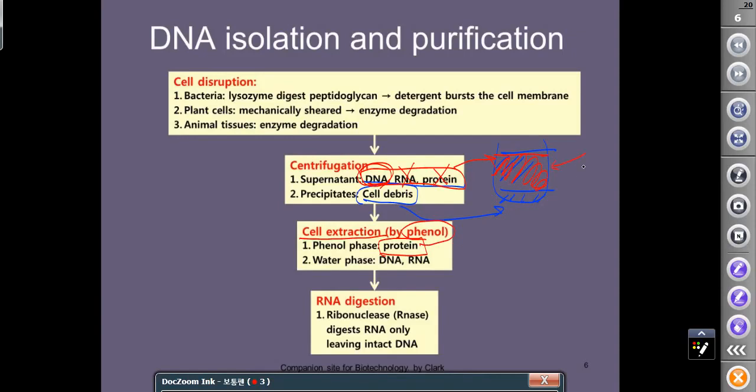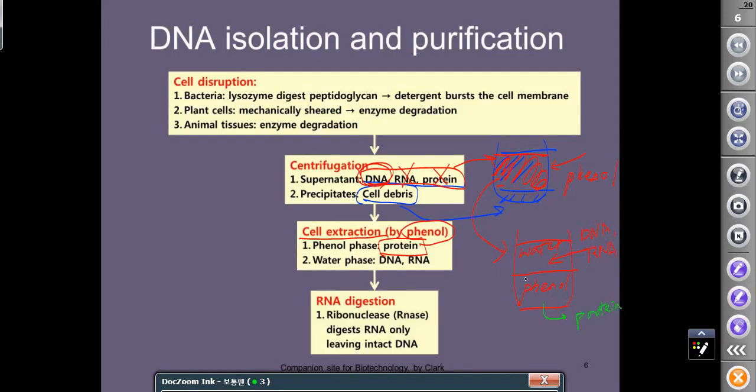If you add phenol here, then this is separated into two phases. The phenol has higher density than water, and this water contains DNA and RNA, and this phenol contains protein.